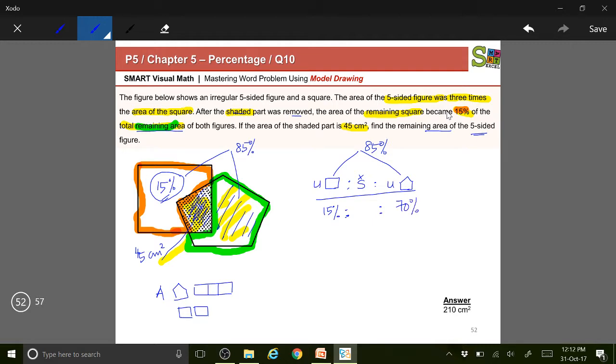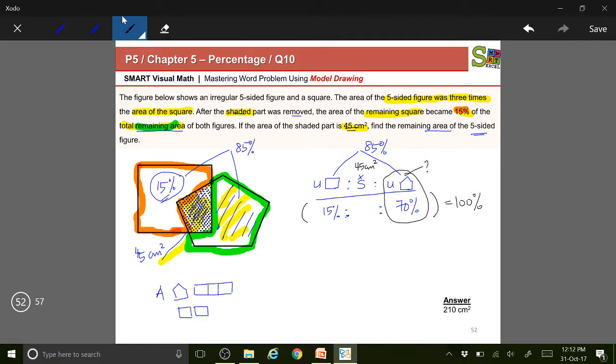Alright, then we're gonna just roughly put this 45 cm square, just additional info here for us to see. They asked to find the remaining area of the five-sided figure, which is this part, the 70%. That is the question mark. This whole thing when we add together will give us 100%.